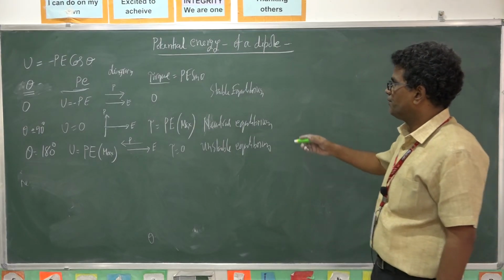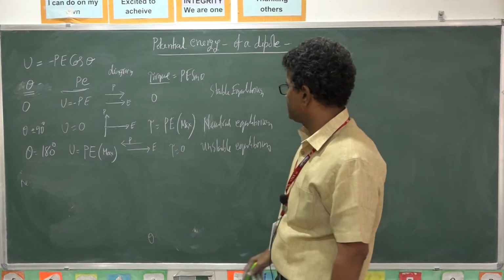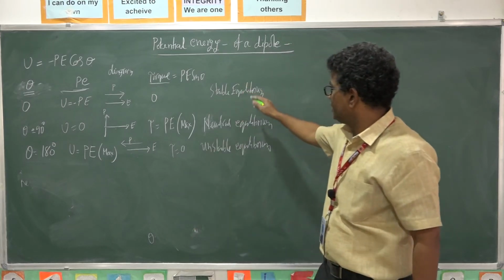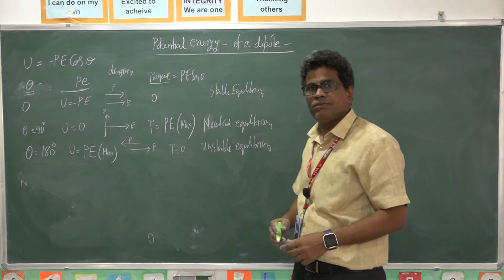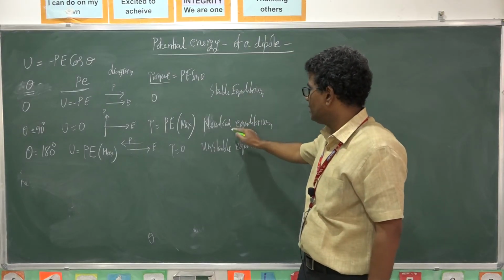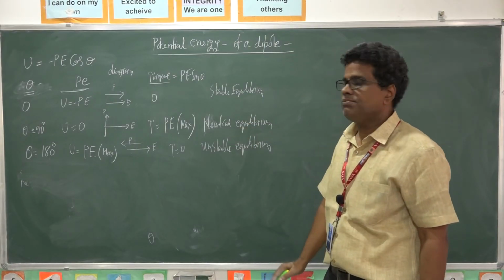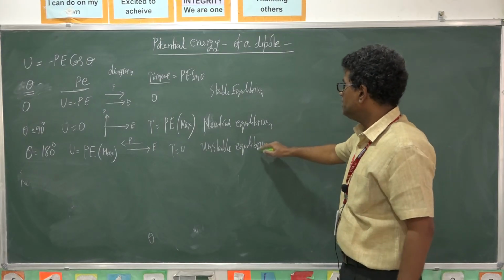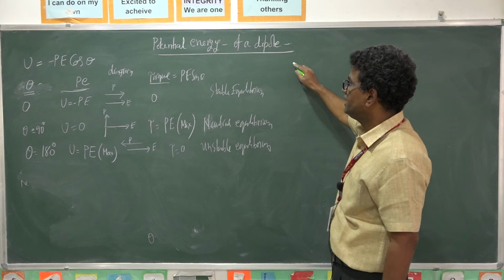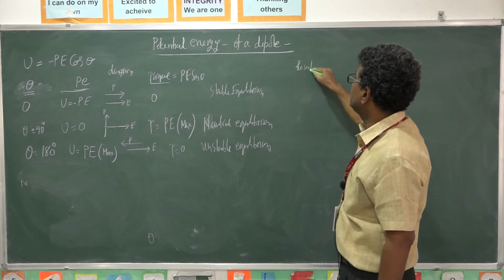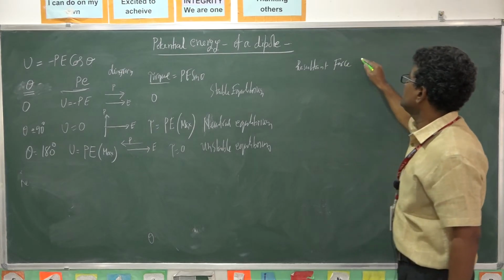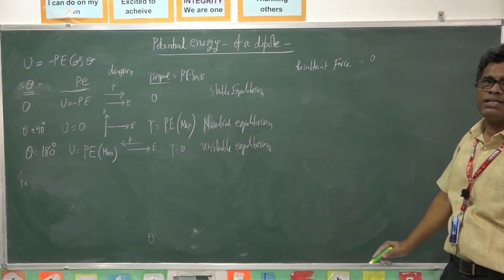We know that there are three types of equilibrium in mechanics: stable equilibrium, neutral equilibrium and unstable equilibrium. Equilibrium means the resultant force acting on it is 0.